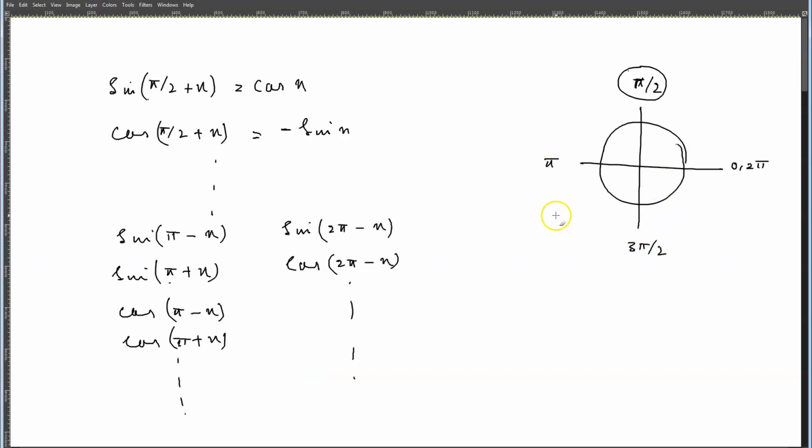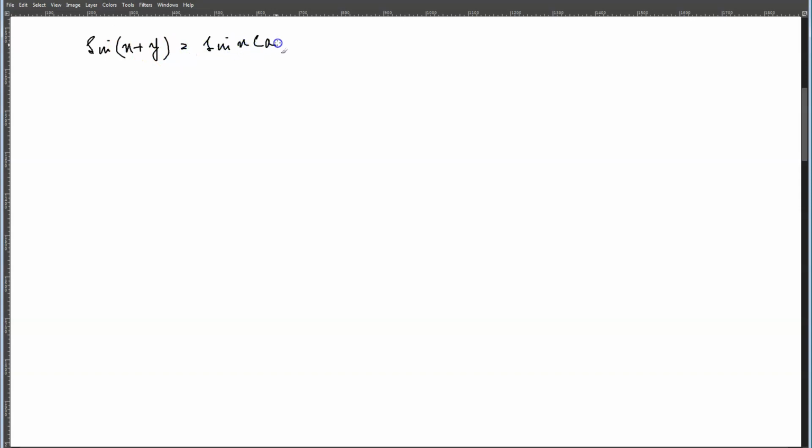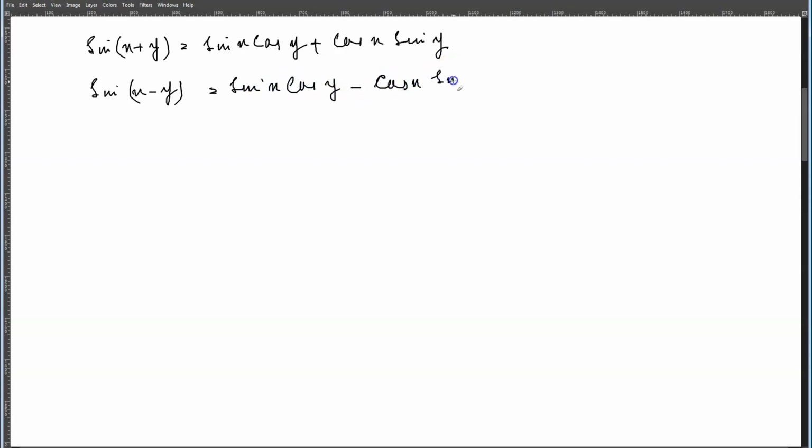All of these formulas we will be able to derive here using the formulas that we derived in the previous video. We said that the sine of x plus y is equal to sine x cos y plus cos x sine y. We also said that the sine of x minus y is equal to sine x cos y minus cos x sine y.